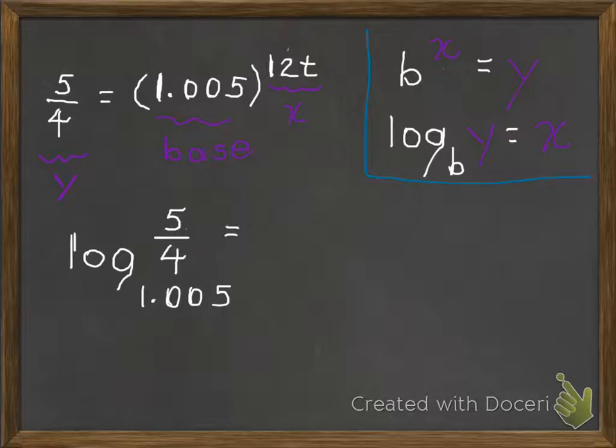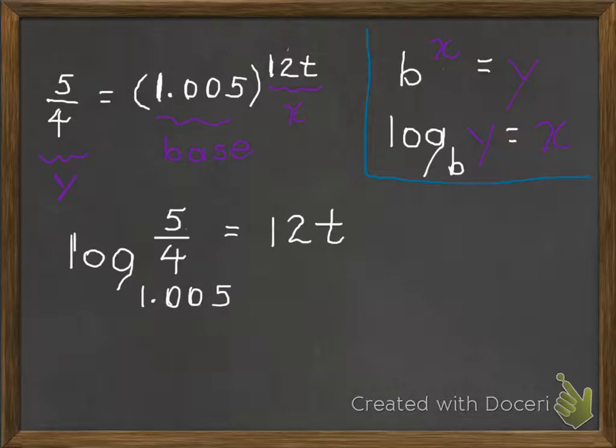And the x, which is in the exponent, the domain, is now going to be alone. It's going to be the range for the logarithmic function. So now you see what we accomplished. We got the t out of the exponent position so that we can now solve for t.